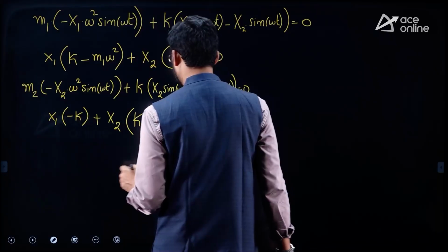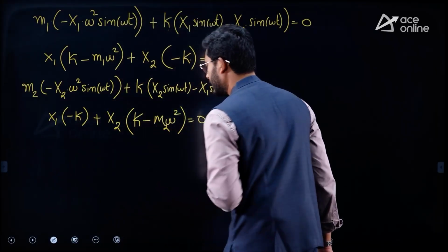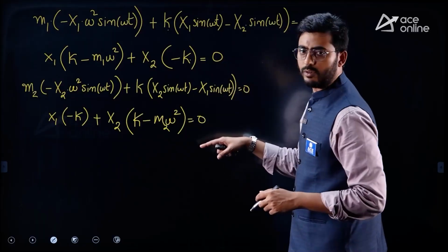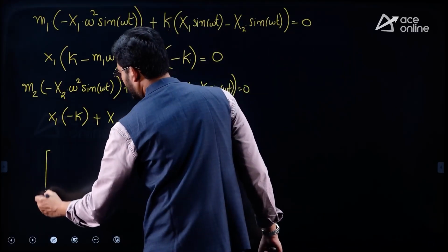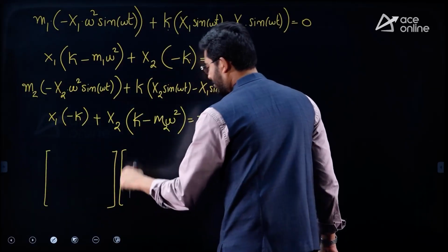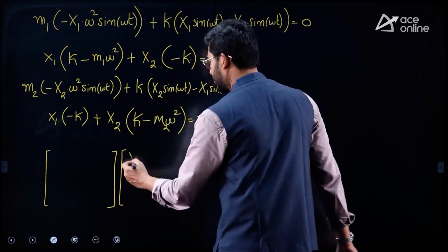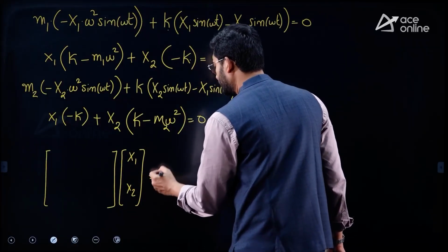So I need to express this in lowercase letters. Now here we have arranged these equations in the format of matrix A into X matrix, that is x1, x2, equal to 0.